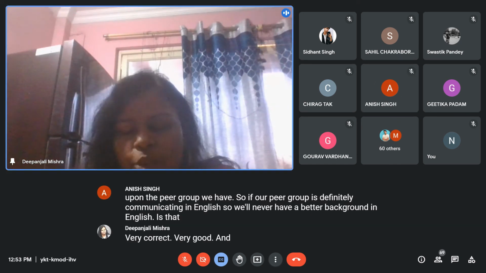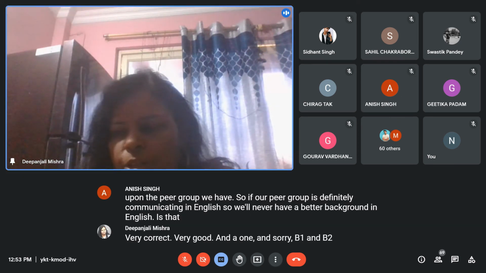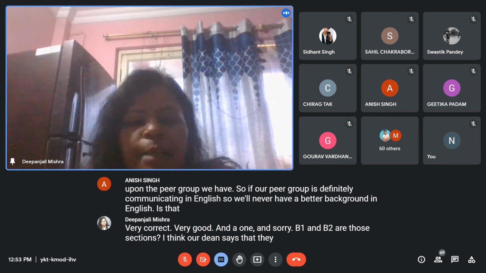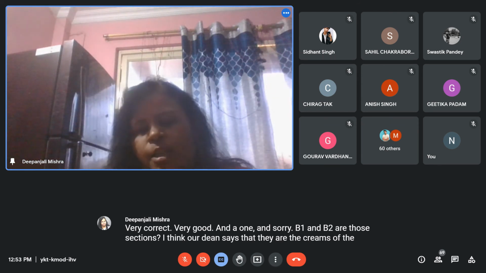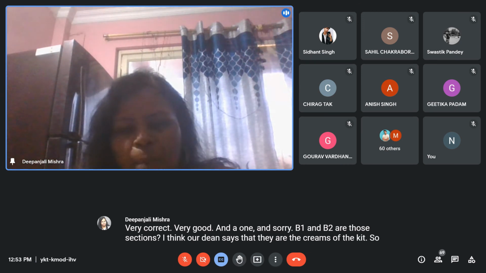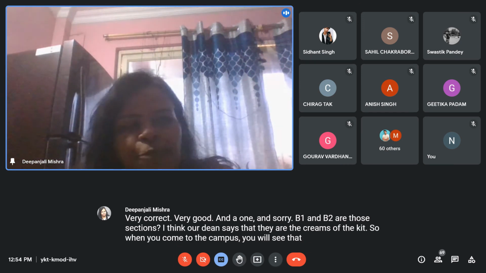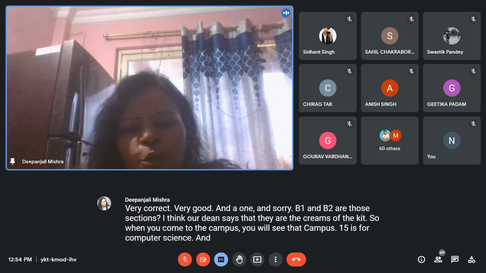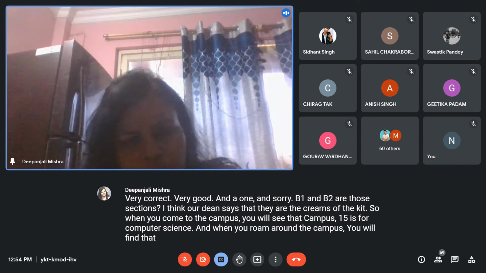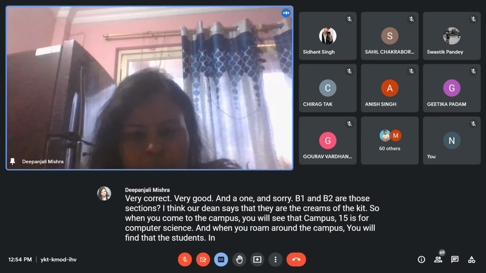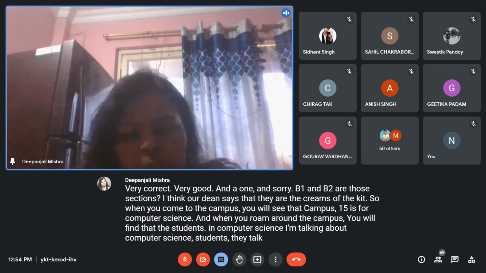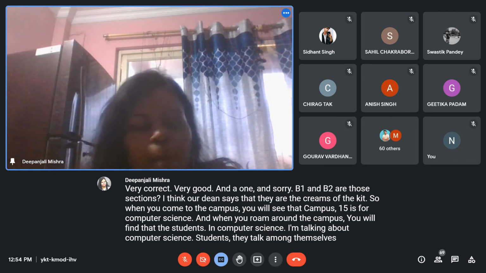And A1 and B1 and B2 are those sections. I think our dean says that they are the cream of KIIT. When you come to the campus, you will see that campus 15 is for computer science. When you roam around the campus, you will find that the computer science students talk among themselves in English, among their friends.